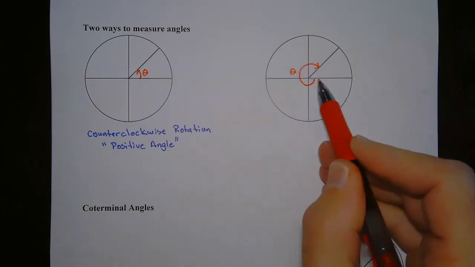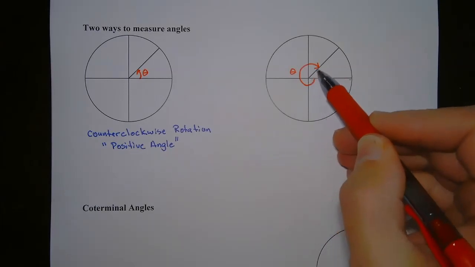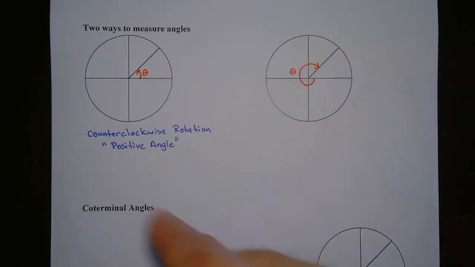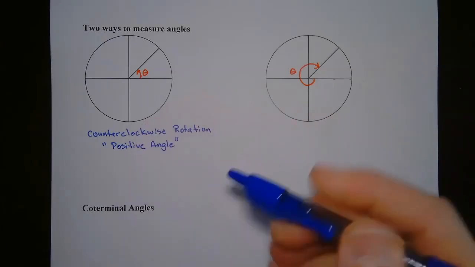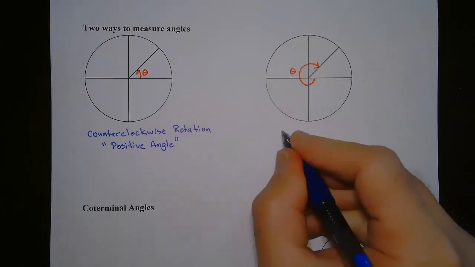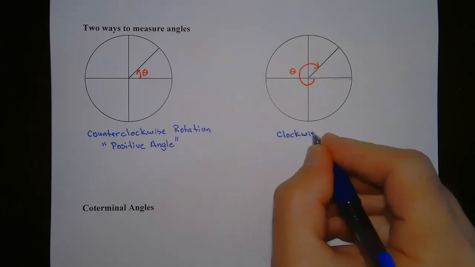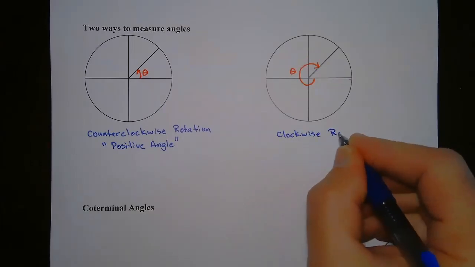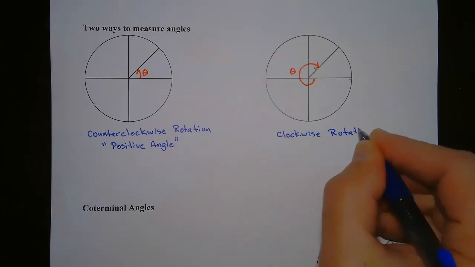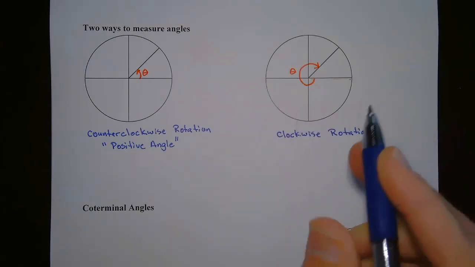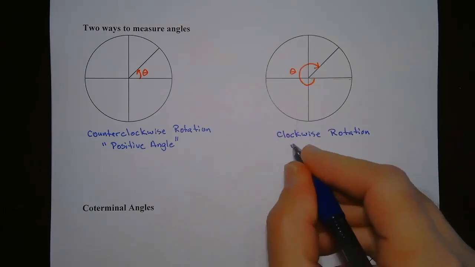This is where we stop the angle. We've rotated clockwise this time, so this is a clockwise rotation. And when we rotate clockwise, that's a negative angle.